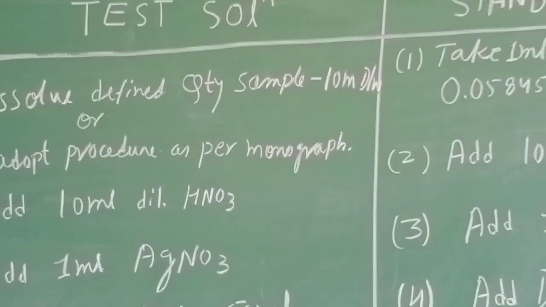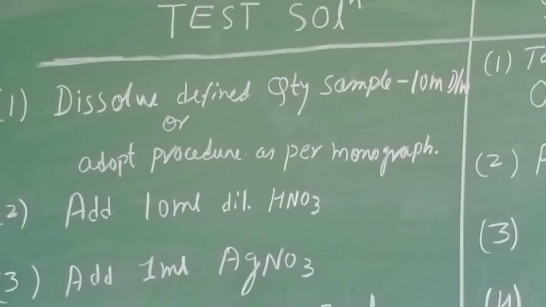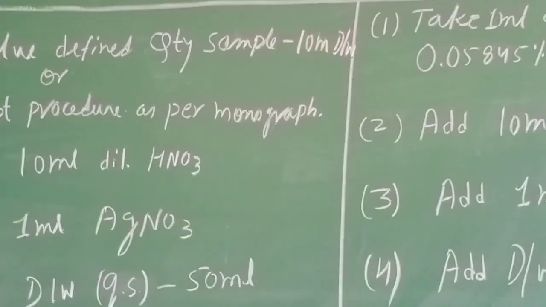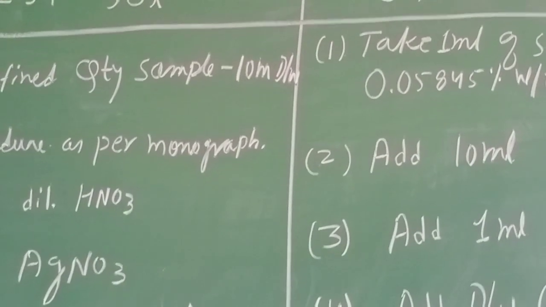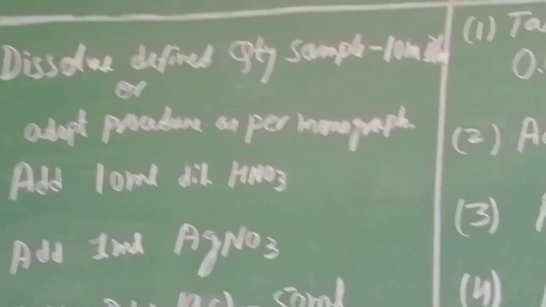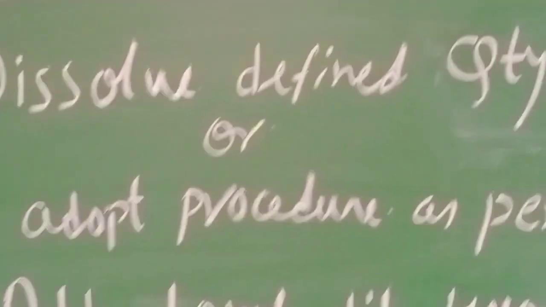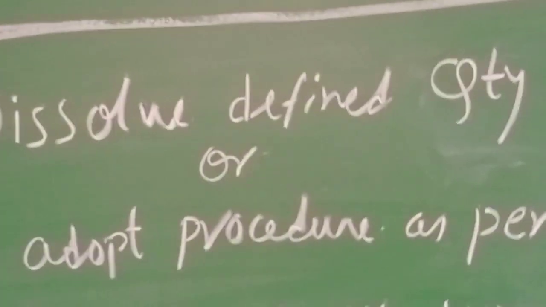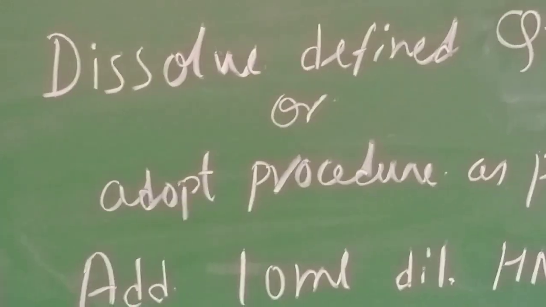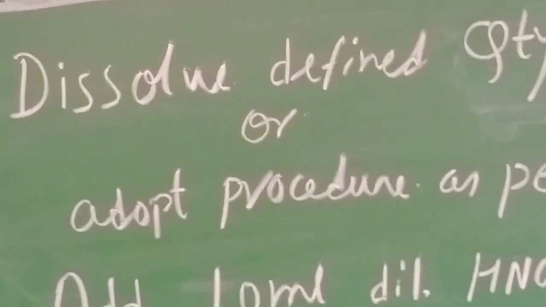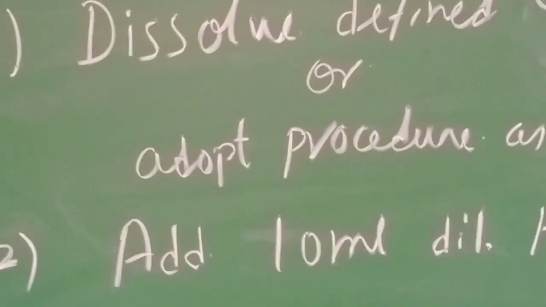So anyhow, the net outcome of that particular reaction which is involved in the limit test of chloride is the formation of turbidity or opalescence, which is compared subsequently with the test sample in order to determine the net quantity of impurity, which here is the chloride present in the test sample.